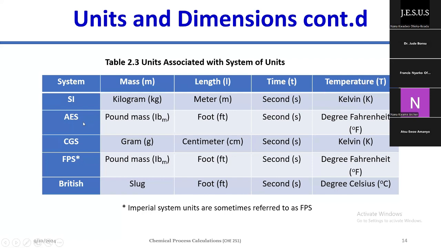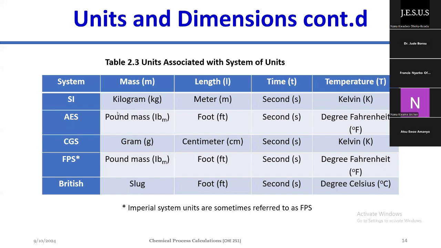And then you have the American engineering system. With that one, the mass is measured in pound mass, lbm, and the length in foot or feet, and the time in seconds. Even though the quantities are the same, like they're all measuring mass, the unit differs. And then we also have the CGS, which is centimeter gram second.